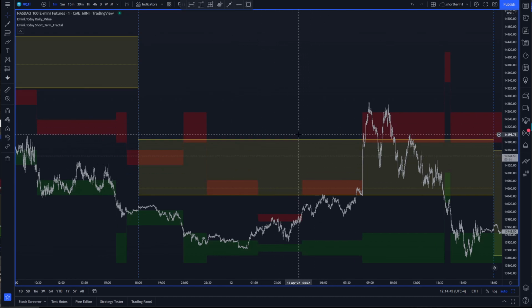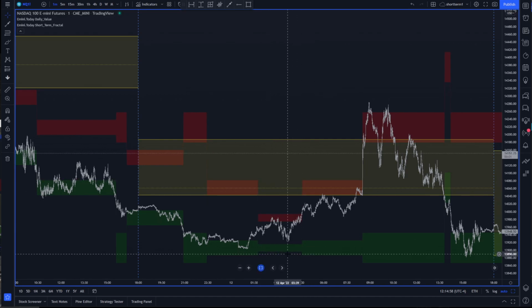And the other thing is that this fractal, which you're going to use, has to be larger than the one before. It's because you need expanding volatility to trade it, because in expanding volatility the probability of a mean reversion is higher than when it's contracting and you might have a breakout, right?